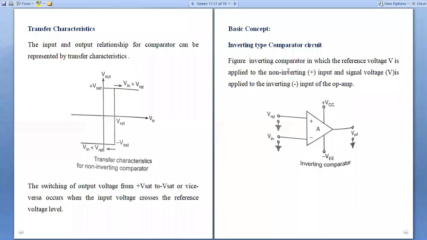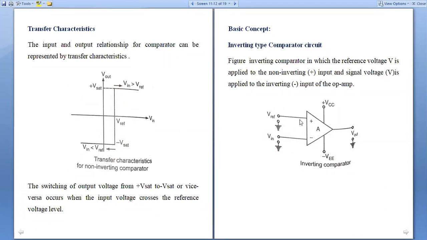Okay, so the next concept we will discuss is the inverting type comparator circuit. In the inverting type comparator circuit, we can clearly see that the input voltage is applied to the inverting terminal, and the reference voltage V is applied to the non-inverting terminal.